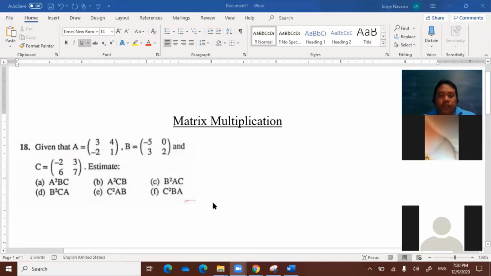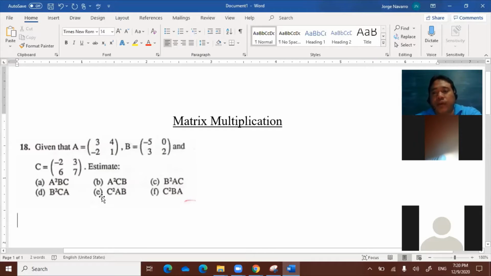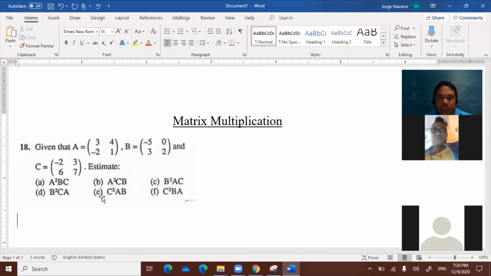And as I said, today we're going to be working it on Word, for those of you that will be putting your work up for uploading, because remember I said that tomorrow or so I'm going to be putting in forms as well as one like this that you would have to do with addition or subtraction, scalar multiplication, matrix multiplication. So you can do it in Word, and now I will be showing you how to do it in Word. So let's start.